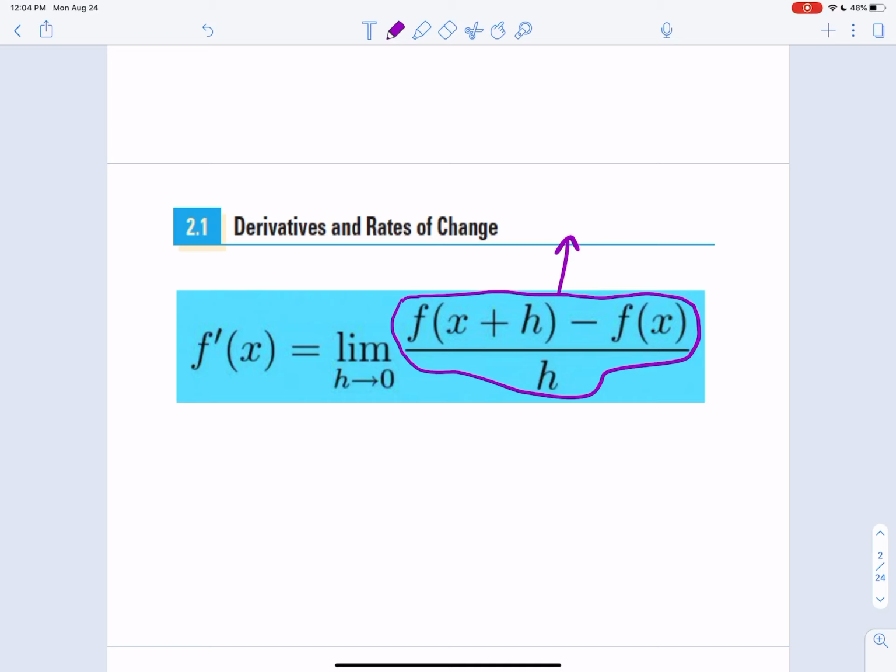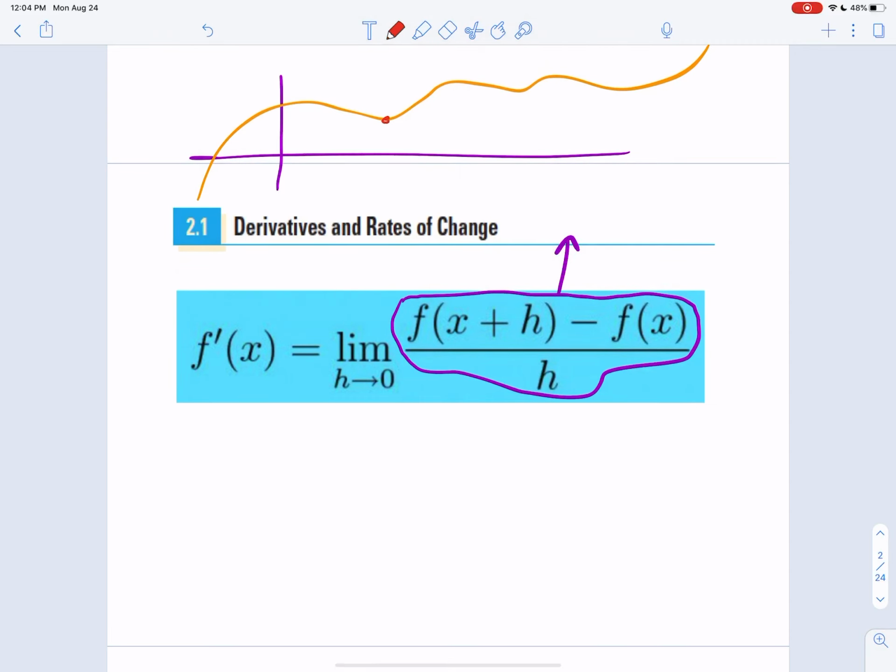So if you remember, when we had a random function and we picked two random points, we were able to find the slope of a secant line. This right here in purple is the slope of a secant line. Give me some synonyms.